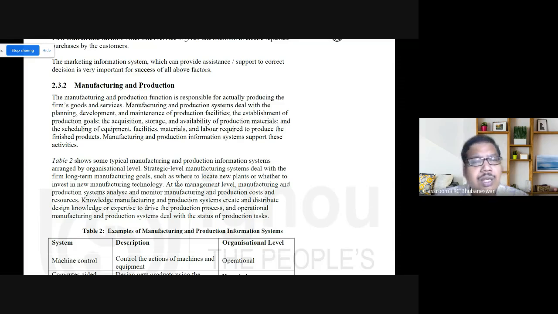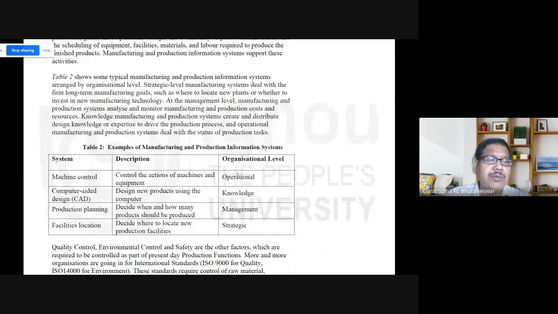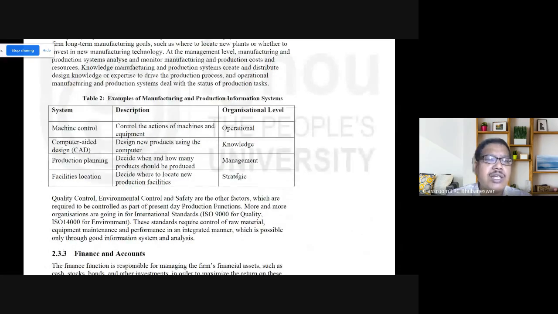If you really want to work for the manufacturing or production system, you must deal with planning, development, and maintenance. So they can strategically design the manufacturing information system. You see what may be the level of organizations.